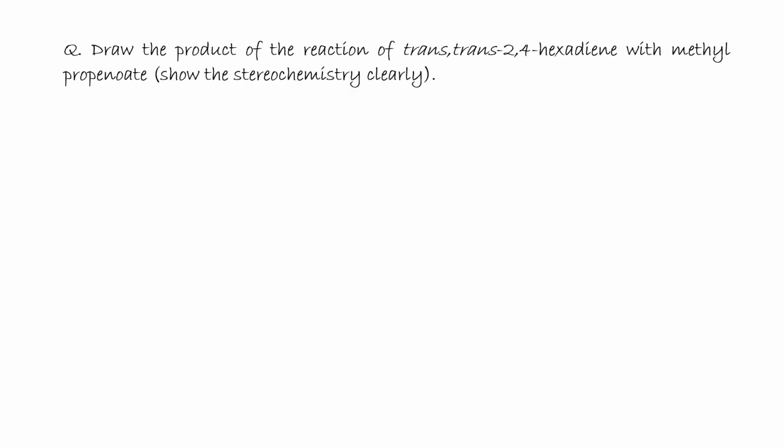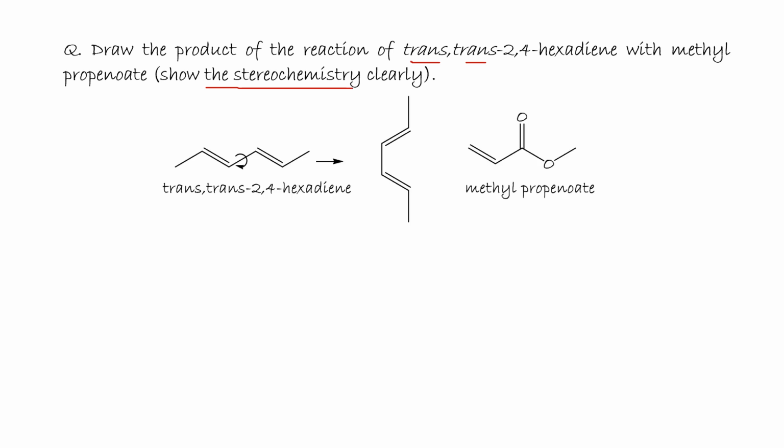Draw the product of the reaction of trans-trans 2,4-hexadiene with methyl propenoate. Show stereochemistry clearly. So when I draw it, I draw the trans-trans 2,4-hexadiene this way.